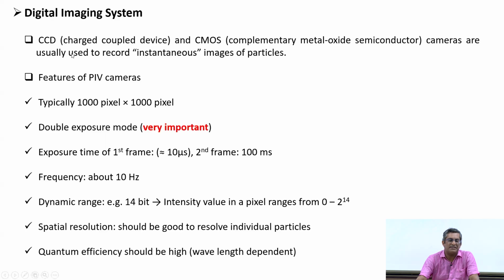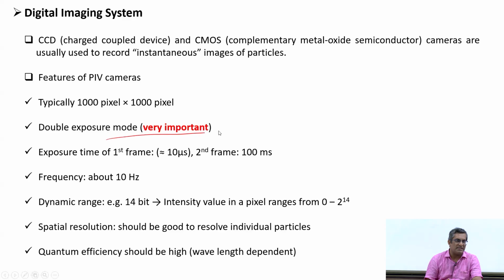Then the imaging system. In a typical PIV system where we use double pulse lasers, CCD cameras, or charge coupled device, or CMOS cameras are used, but they are used in double exposure mode.